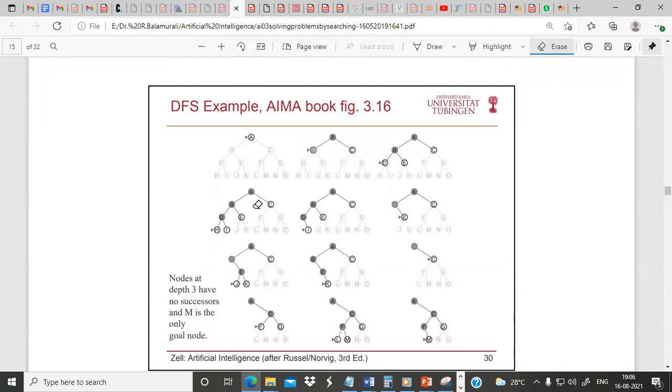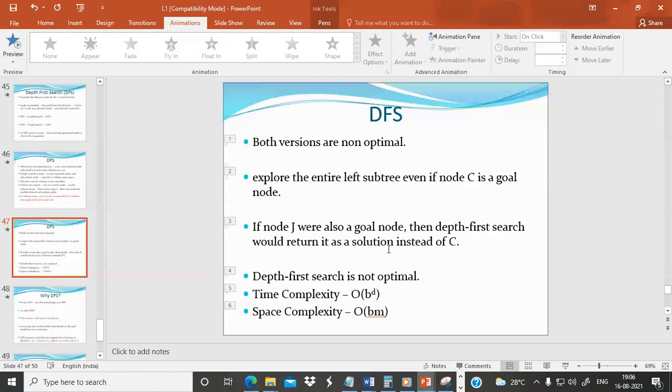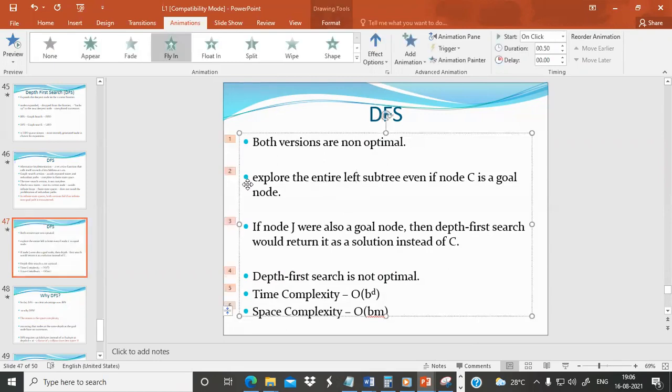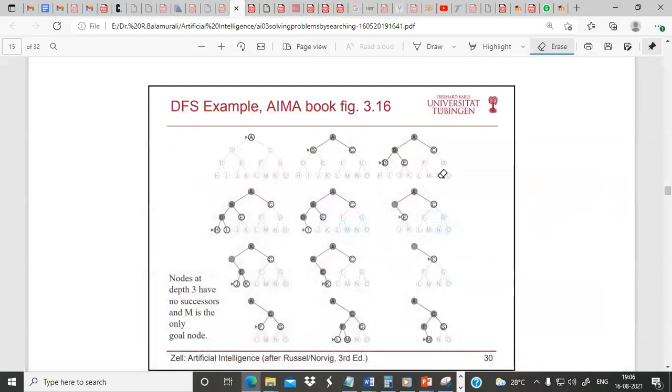What we are going to discuss is how this graph is explored using DFS, that we will see. But before that, there is a drawback with DFS that we will address. The DFS algorithm may explore the entire left subtree even if node C is the goal node. Assume that C in this tree is the goal node.